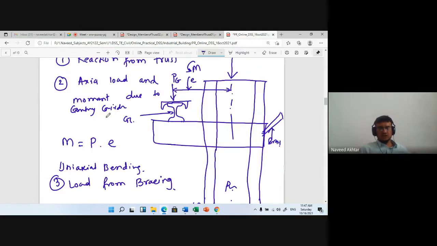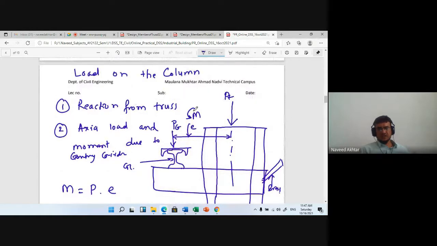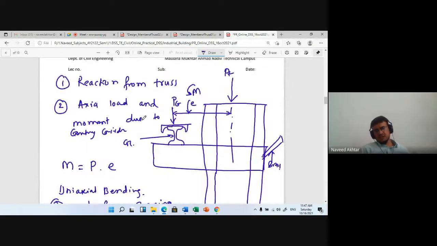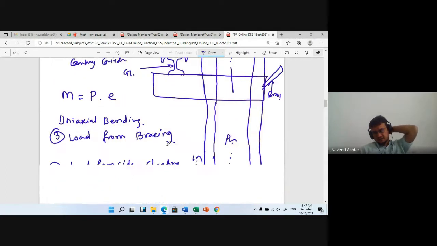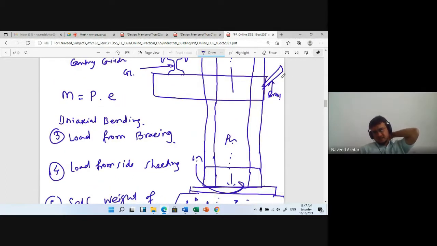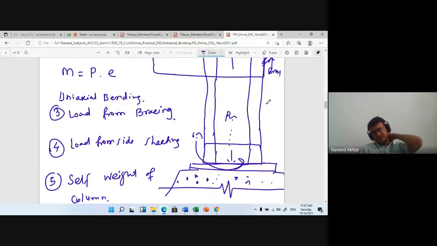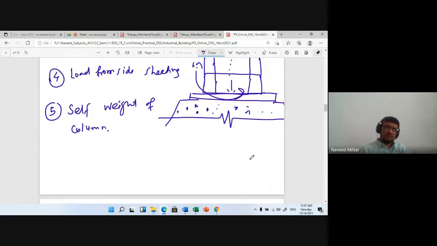First, you have to find the load reaction from the truss, that is PT. Then axial load and moment due to the gantry girder, load from the bracings, load from the side sheeting, and self weight of the column. If any other loads are there, then you have to incorporate them.